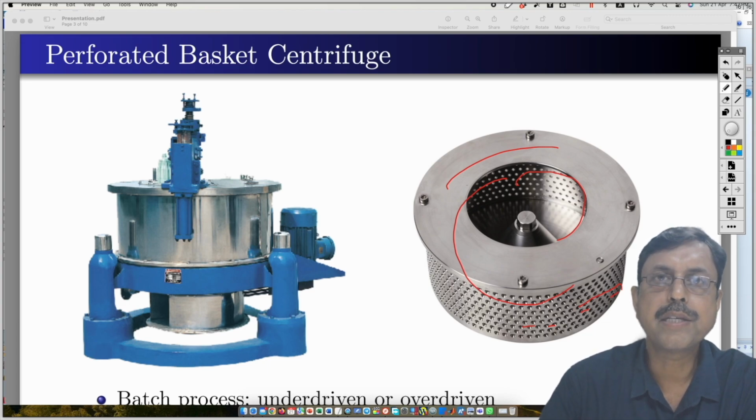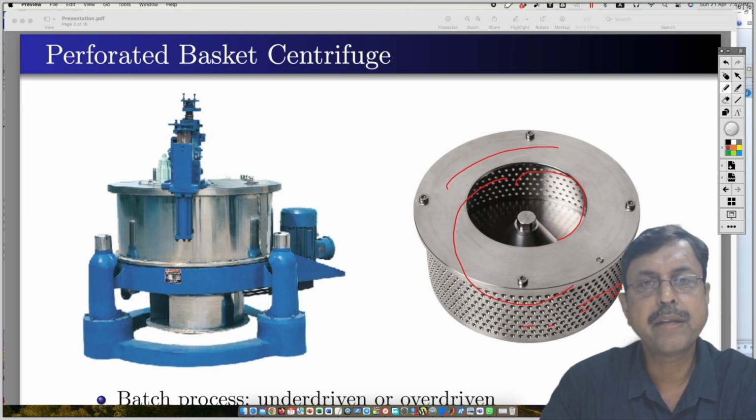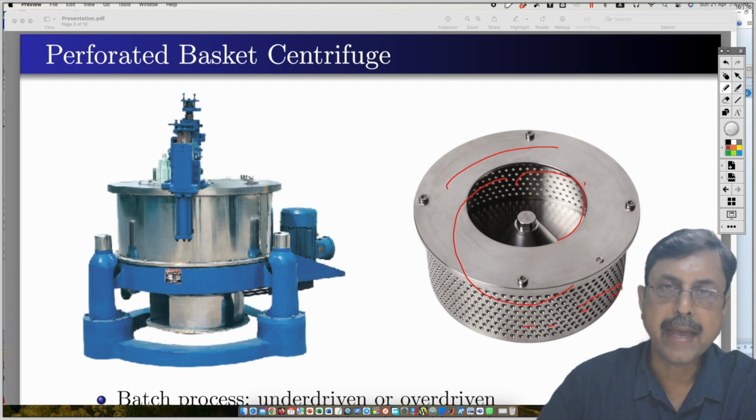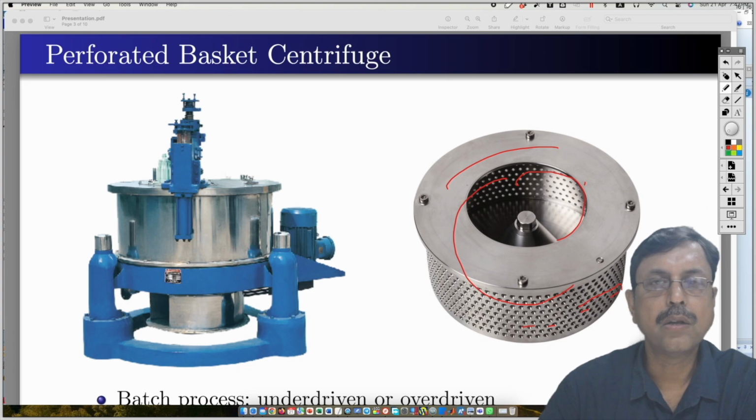And while operation, due to the centrifugal force, the liquid escapes through the perforated basket as well as the filter cloth. So liquid portion escapes. But the solid particles, they cannot escape. They get arrested on that filter cloth and they make a thick cake on the filter cloth.